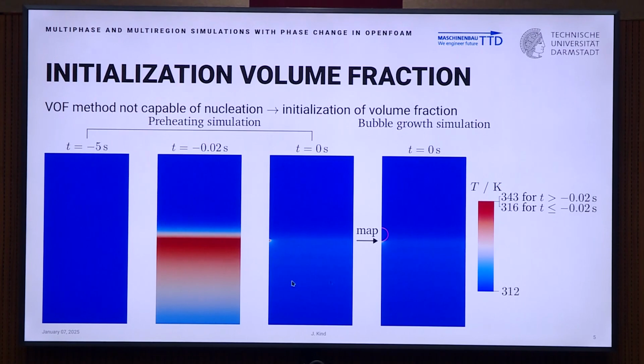For example, in my cases, close to the space experiment, I have a preheating of a single phase fluid on the heated solid, and then when the bubble growth starts, I have to manually set the volume fraction value in the region so that they form a vapor bubble.